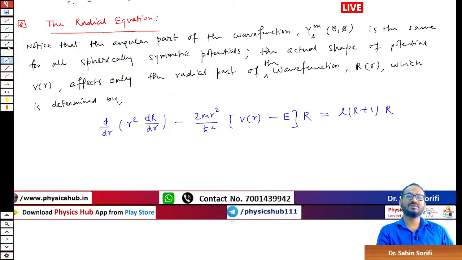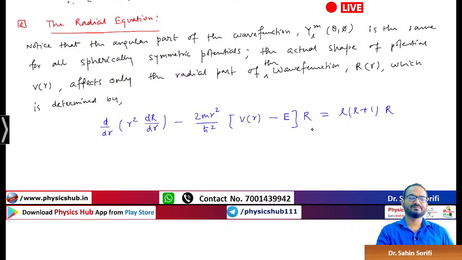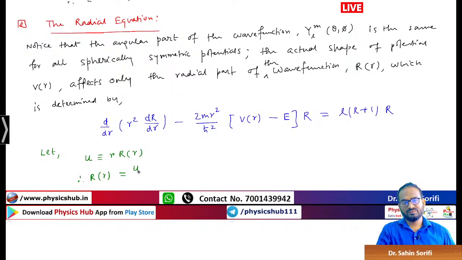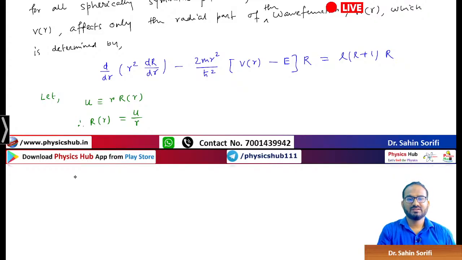Now to solve this equation, we need to change the variable. How to change the variable? Let's say from R we want to go to u. u is defined as r times capital R, so capital R of r is nothing but u by small r. So you require dR/dr.